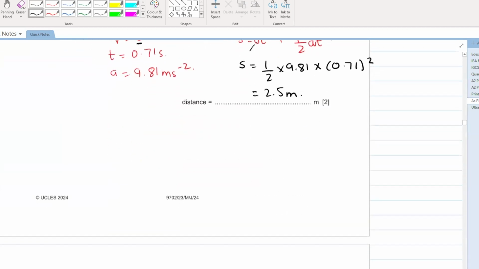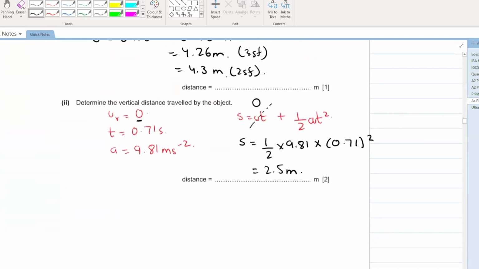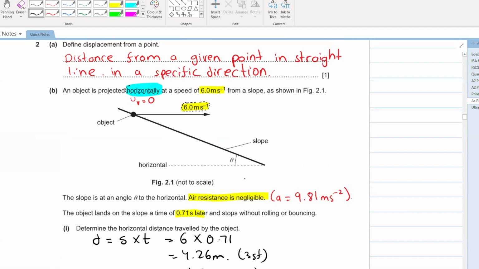Let's further move ahead. Use your answers in part b(i)1 and part b(i)2 to calculate the angle theta. How are we going to calculate this? Really easy, literally the simplest question that you will have. Your horizontal displacement is 4.3.